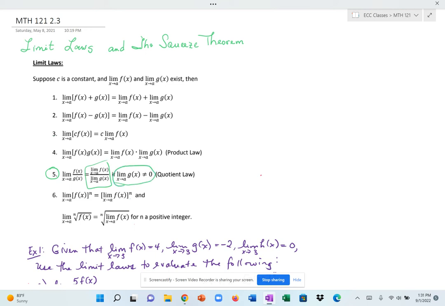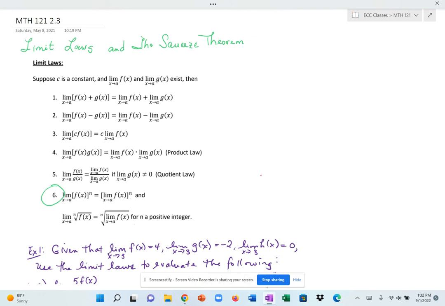The limit of g of x in the denominator cannot equal 0. Remember, division by 0 is undefined. That's a condition of the quotient law: 0 can be a limit that exists, but in the case of the quotient law, that 0 cannot be in the denominator.